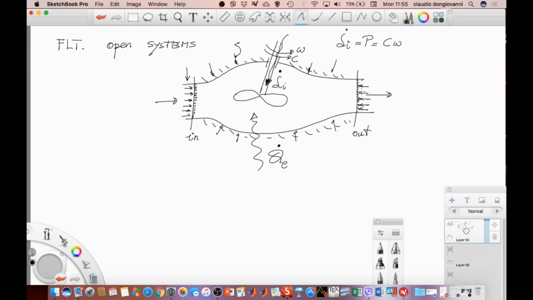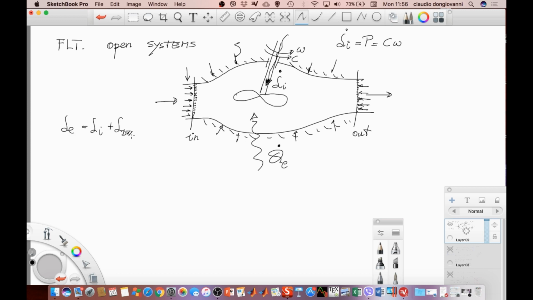So in the first law we have to take into account the Li, but also the work done by these forces, that usually we call displacement work. It is the work at the boundary. So they are a little bit different.